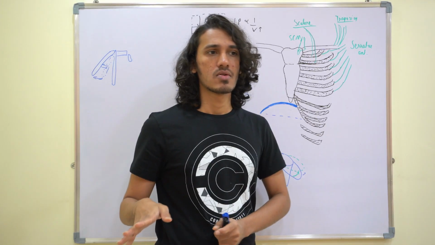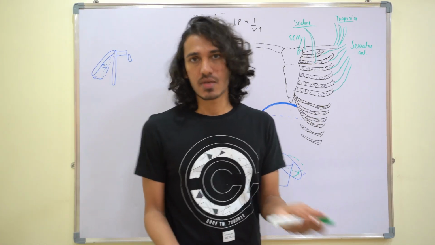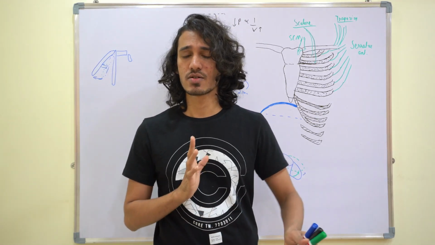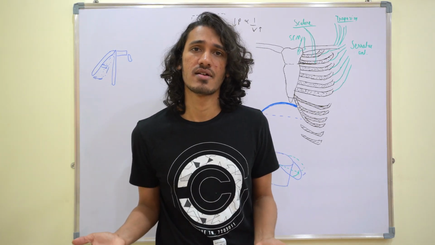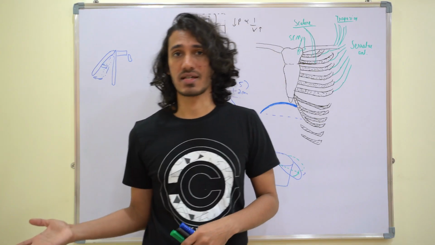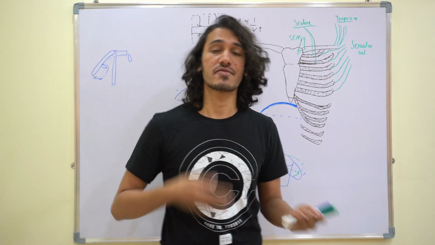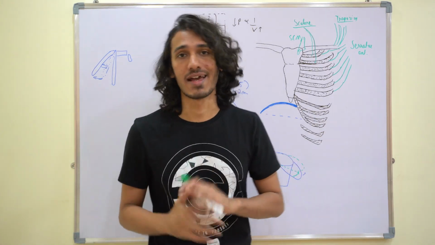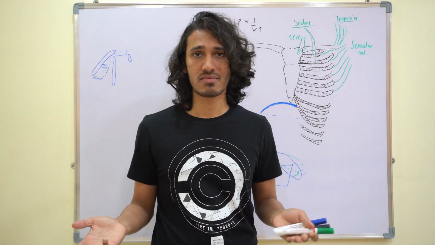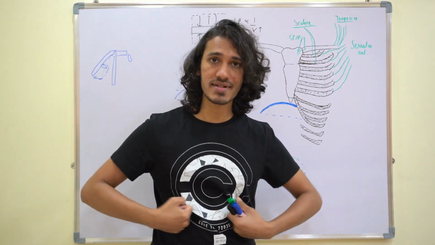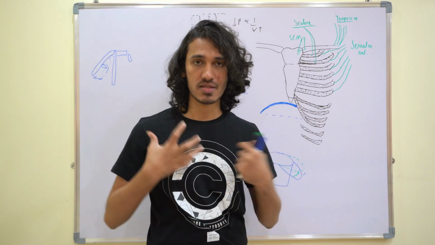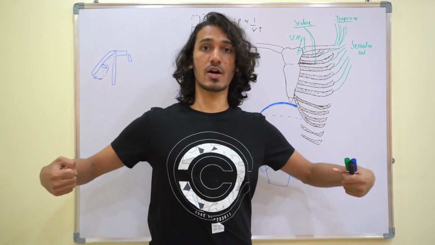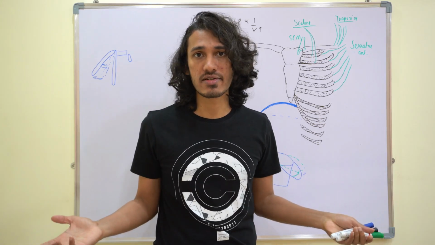Now, one thing I used to get confused was to understand which is for inspiration, which is for expiration. External intercostal and internal intercostal. Which is for inspiration, which is for expiration. That was one major confusion I had. It's very simple. External. It pulls it outside, external. And when the chest wall is pulled outside, what should it result in?